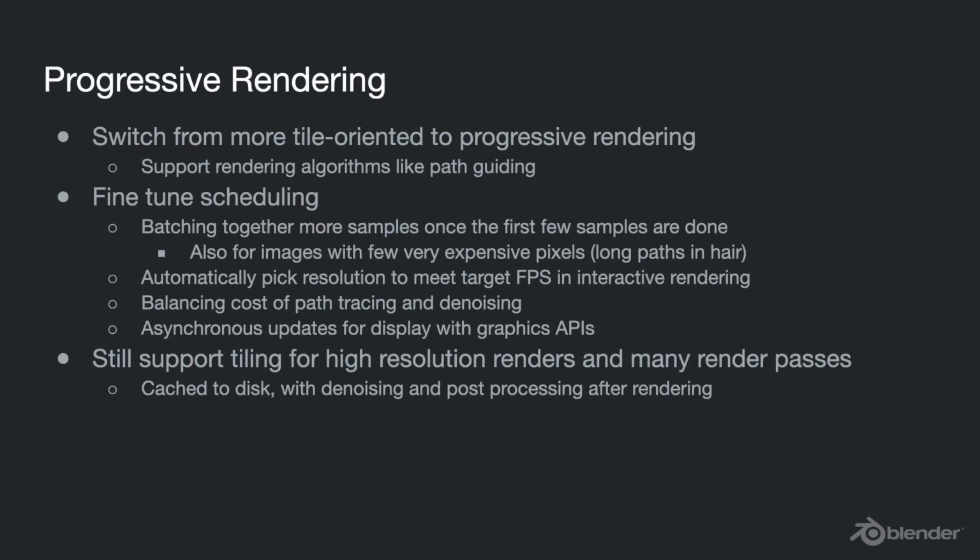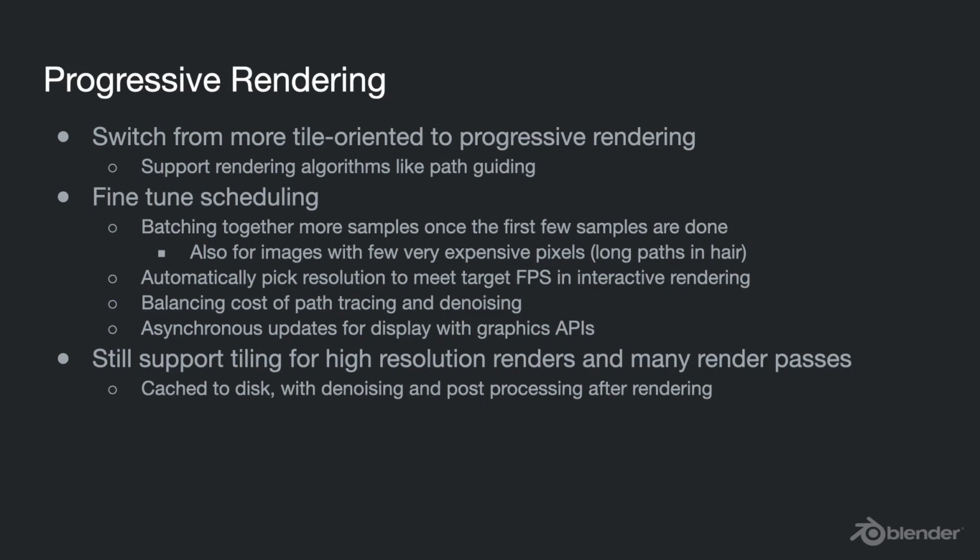Up to now, I've talked about the kernel implementations. However, we also made changes to the render scheduling at a higher level. One thing that we're changing is that we switched from a more tile-oriented approach to a more progressive rendering approach over the whole image. The main reason for this is that we want to add more rendering algorithms like path guiding or anything learning-based, which work better if you work over the whole image.